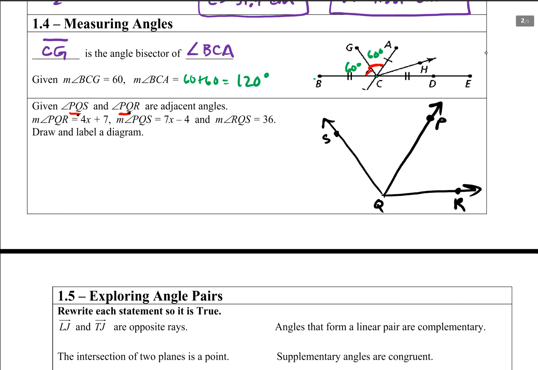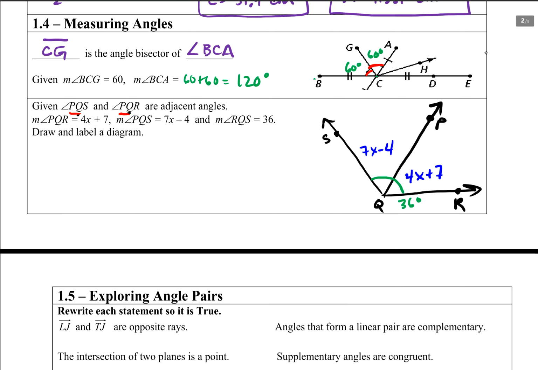So I drew adjacent angles. That's all I know about them. And we are told that the measure, PQR, this one is 4x plus 7. And PQS is 7x minus 4. Oh, and some new information. The measure of RQS, oh, that's this entire thing, is 36 degrees.